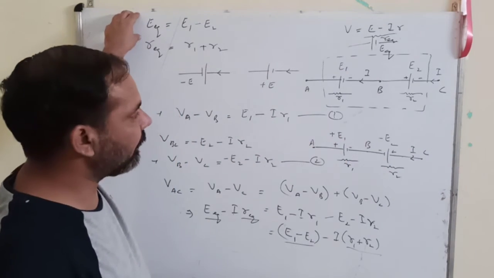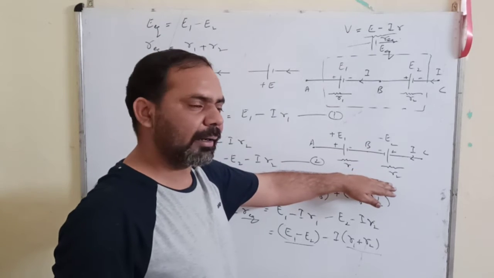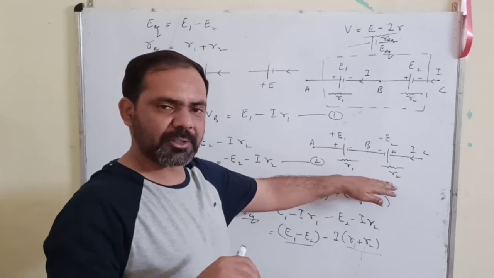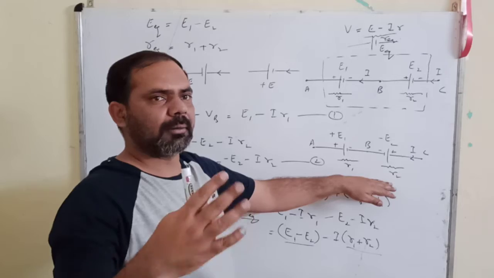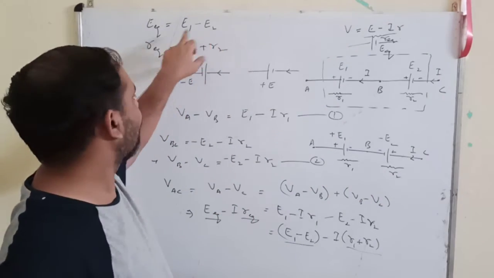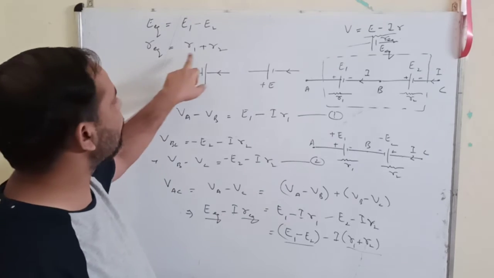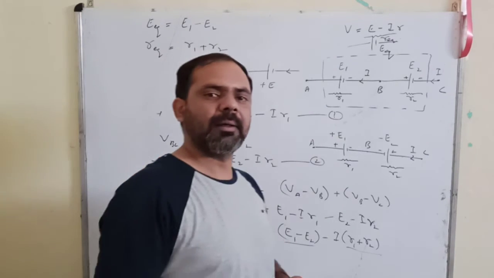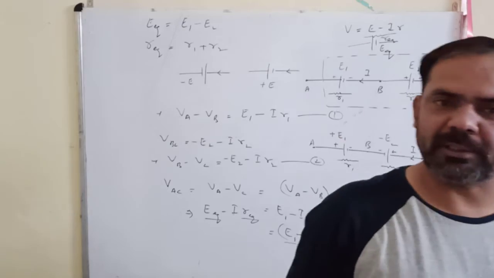of the series combination? If the similar poles are connected with each other, then you get the resultant EMF by subtracting the individual EMFs, but the internal resistance will remain the same. You will get it by addition of the individual resistances.